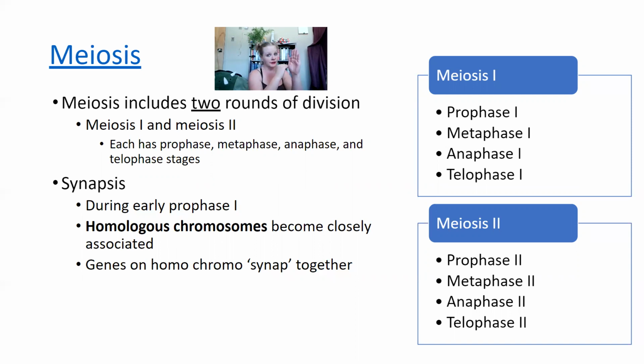They might have different alleles for those same genes. You might need to go back and look up what an allele is if you don't remember. But they're going to synapse together. So homologous chromosomes are pairing up. And that's important for crossing over, which we'll talk about in a little bit.